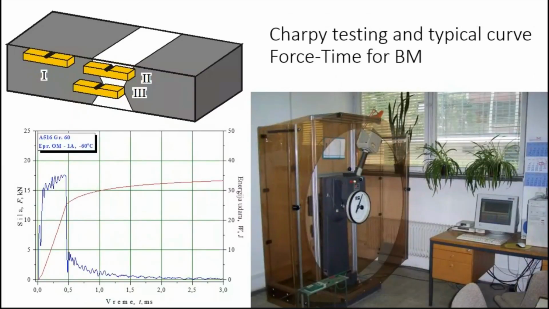So the instrumented Charpy pendulum is almost forgotten, but a very practical tool to at least estimate, if not evaluate, material behavior, material crack resistance to cracking.